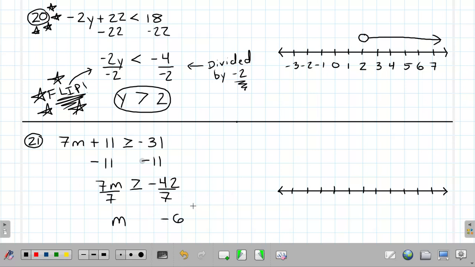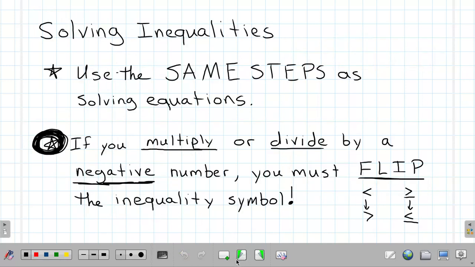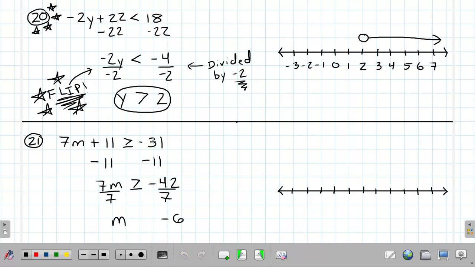But this is a common place where people would say, oh, I flip the inequality because I'm dividing. It's negative 42 over here, and I'm dividing it by 7. But you've got to read carefully. It says if you multiply or divide by a negative number. Meaning, what did I divide by here?